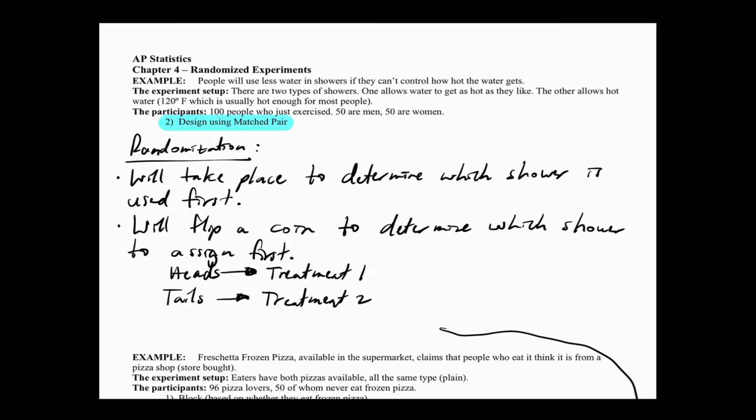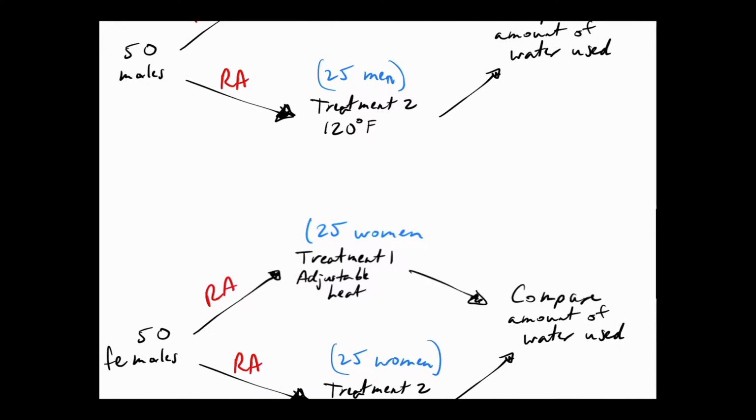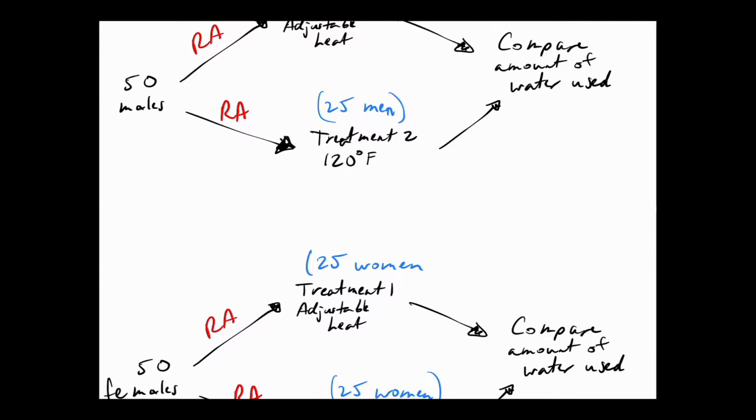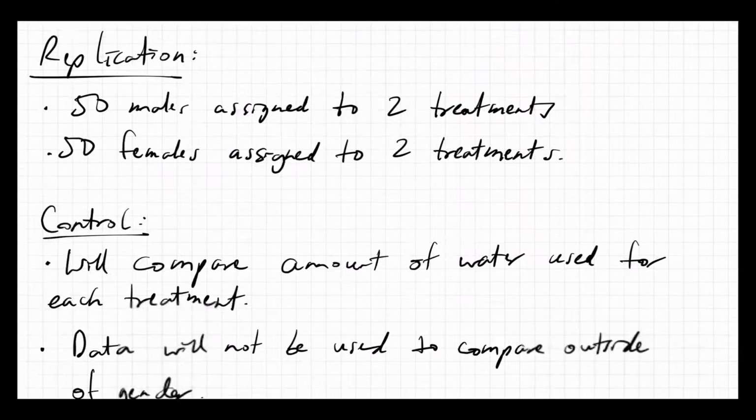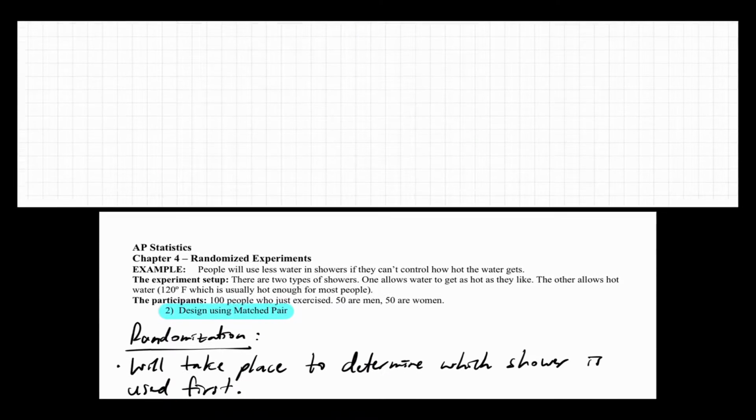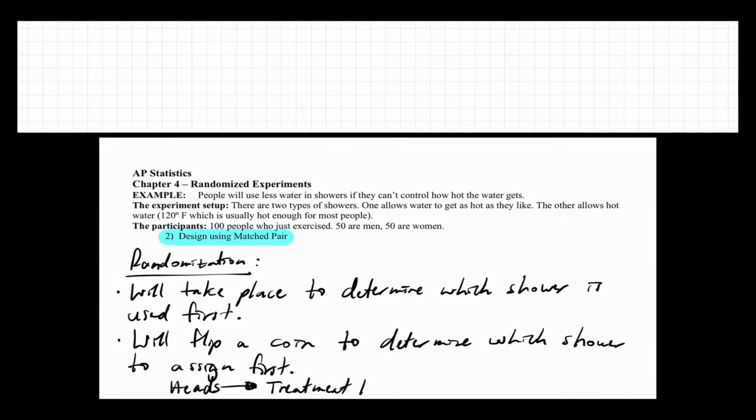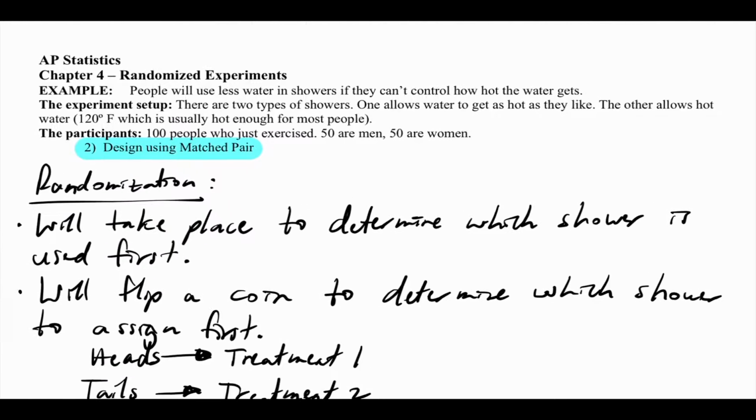The last one I did yesterday had 2 blocks, 50 women, 50 men. This one would have 100 blocks. Everybody would have their own because they're being compared with each other. That's how they're similar, but they are different. Match pair is kind of its own thing.